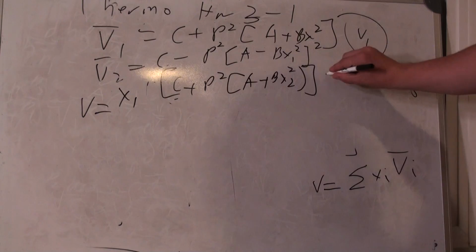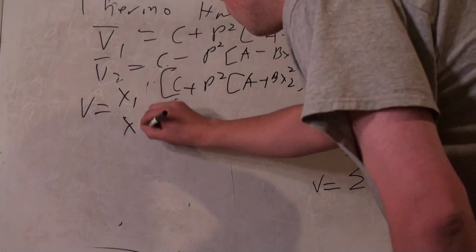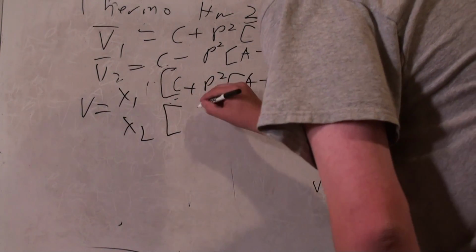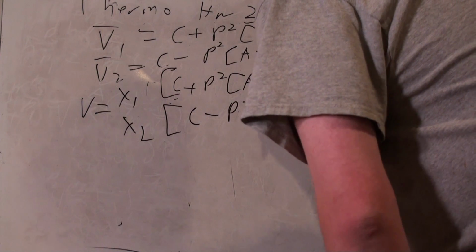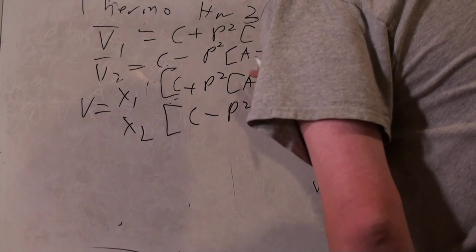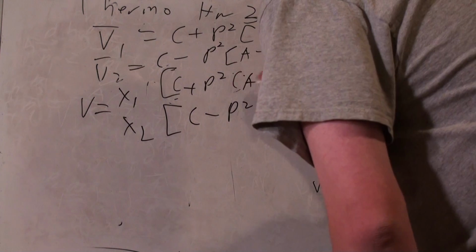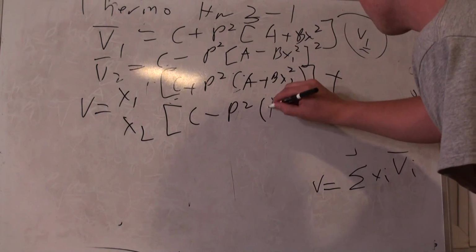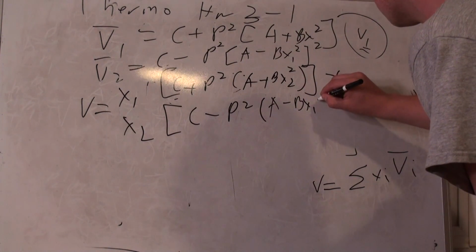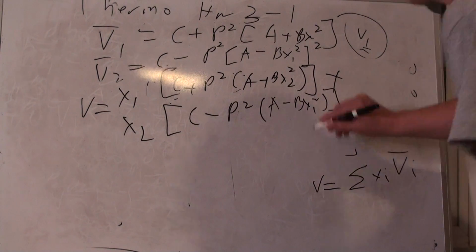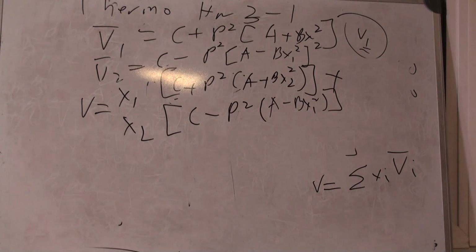Okay. Plus X2 times the other stuff. C minus P squared. This is the one I want to circle. Okay. A minus BX1 squared. Parenthesis, bracket. Okay. And essentially, I'm done.